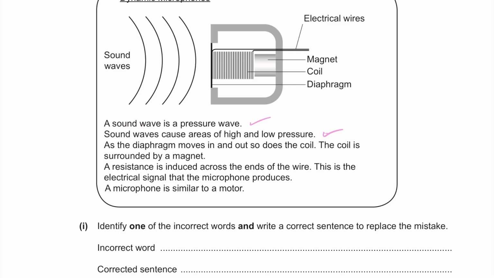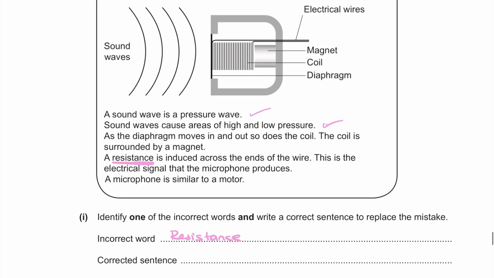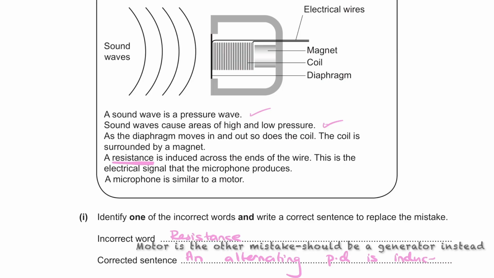As the diaphragm moves in and out, so does the coil. The coil is surrounded by the magnet, a resistance. Okay, so that's a mistake. It's not resistance. It should be alternating potential difference. So the corrected sentence will be then: an alternating potential difference is induced.